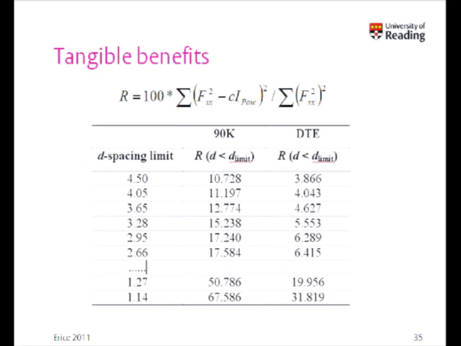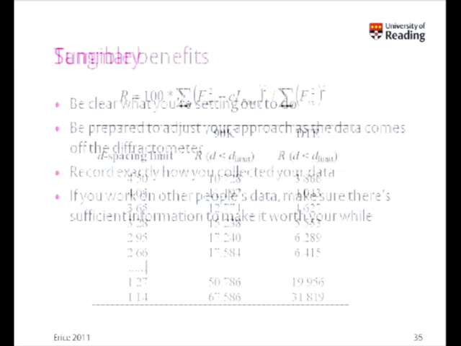Rather than simply saying we couldn't solve the structure and then we did the multi-temperature experiment and did solve it, you can look at statistics showing that the R factor comparing your extracted intensities with the single crystal intensities is much better for the multi-temperature experiment than for any given single temperature experiment.